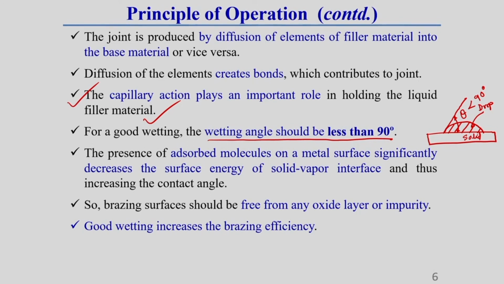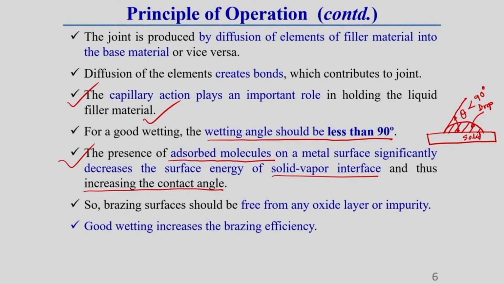Another important point is that the presence of adsorbed molecules on a metal surface significantly decreases the surface energy of the solid-vapor interface, and thus increases the contact angle. What is an adsorbed molecule?